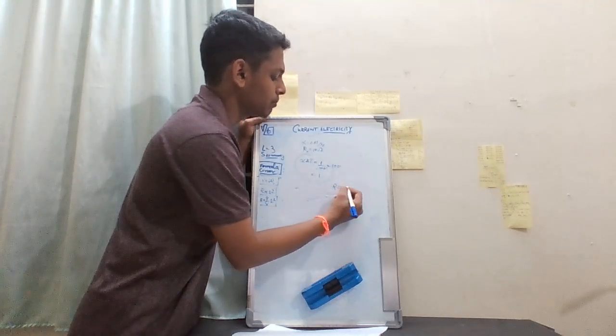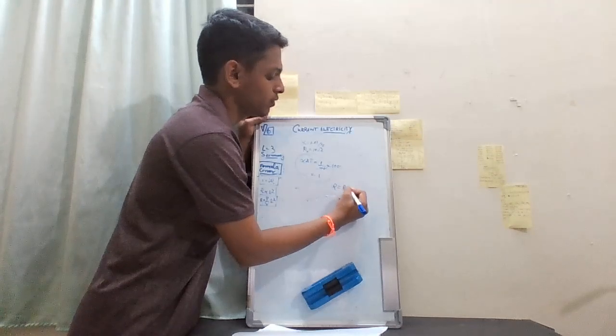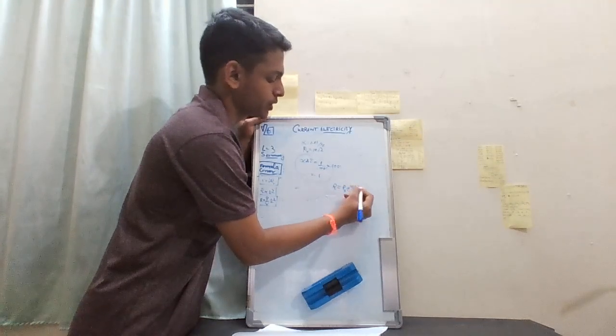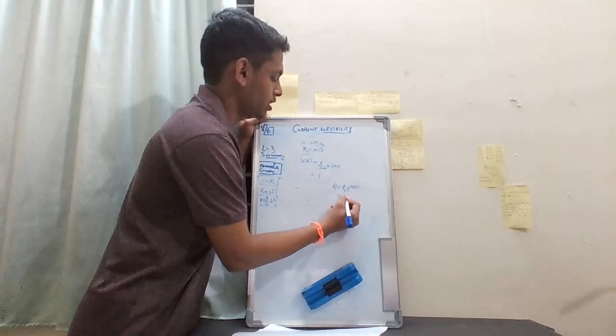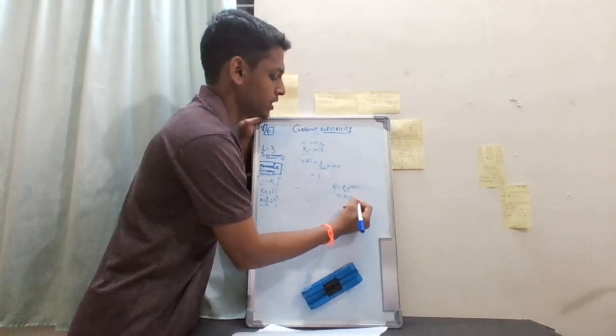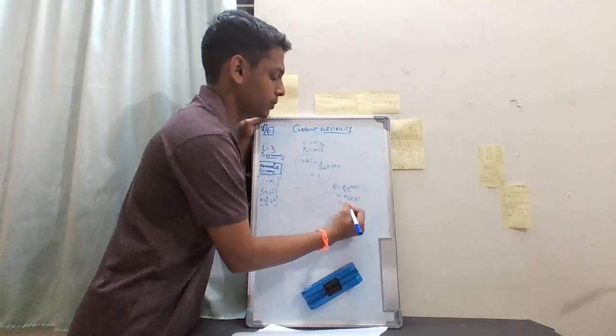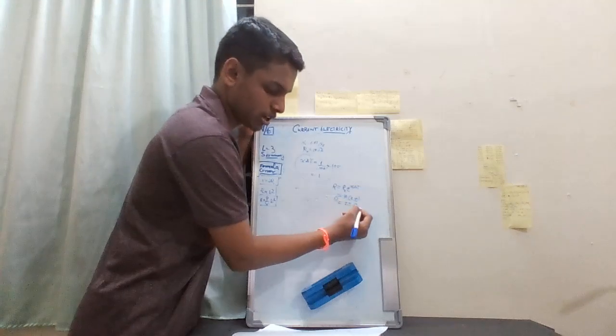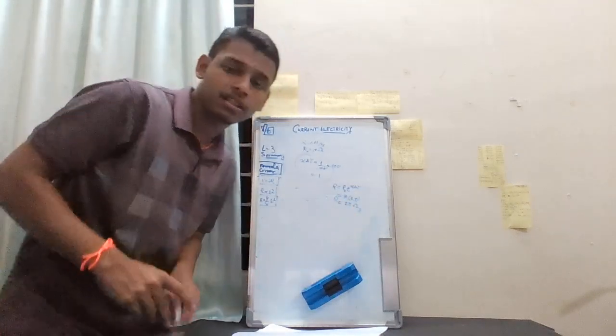We won't consider the approximated formula. We consider this: R naught 10 into 2.7 power 1. So that would be 27 ohms. R is 27 ohms. Thank you very much.